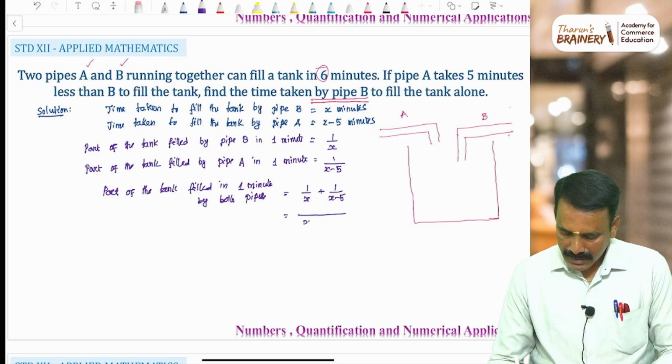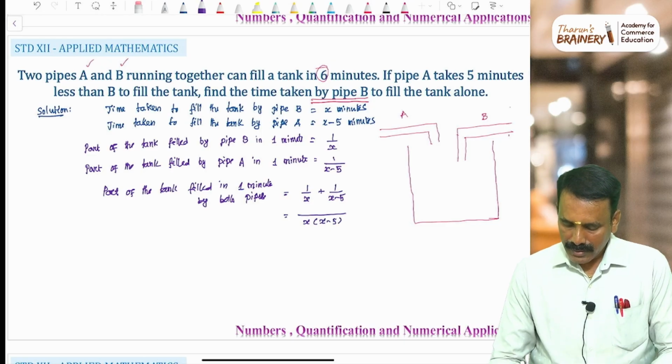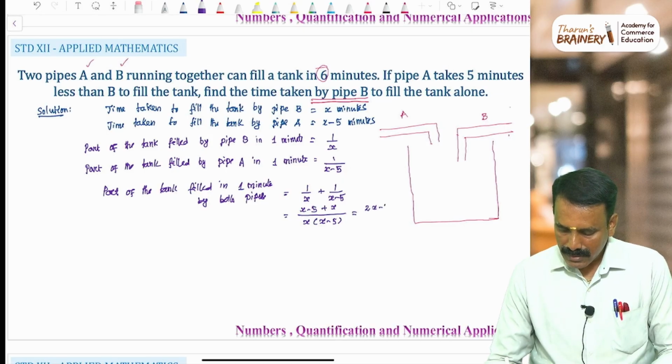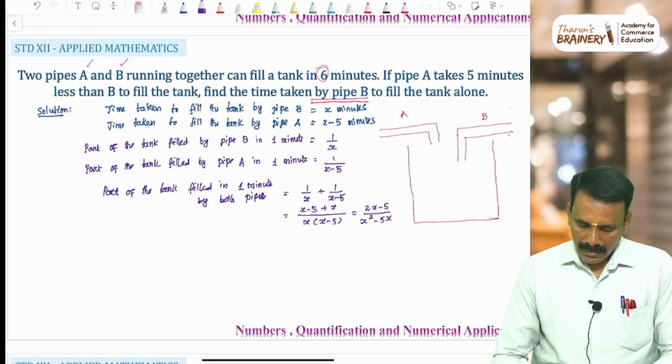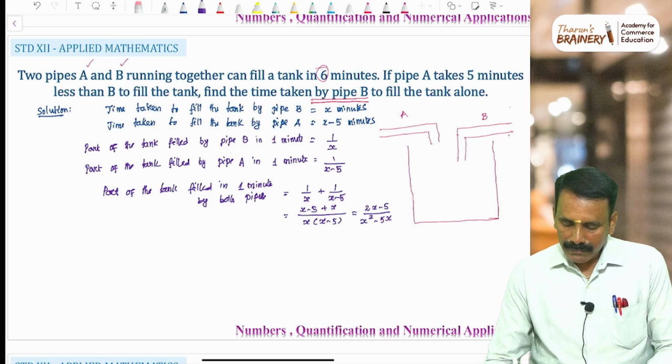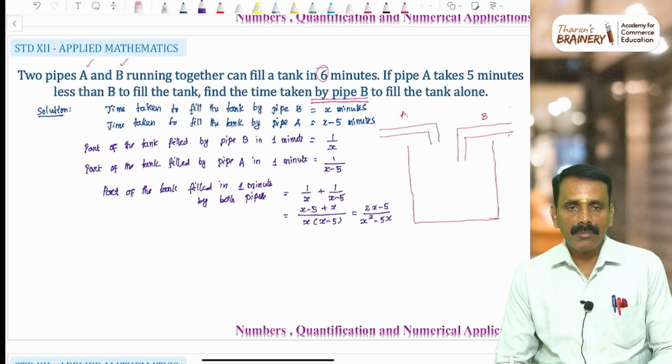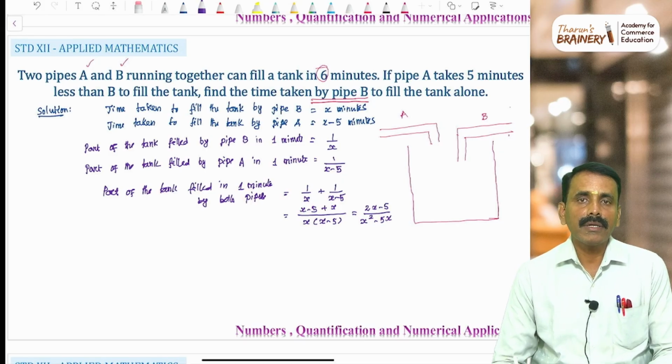It is x into x minus 5. So by cross multiplication rule, it will be x minus 5 plus x. So it is 2x minus 5 divided by x square minus 5x. So this is the part of the tank which is filled by pipes A and B when operated together.